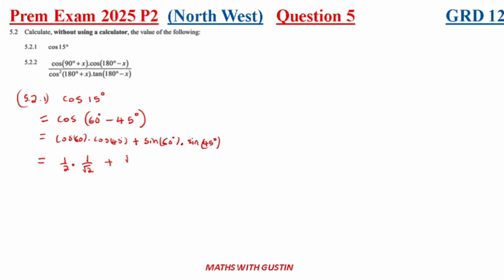And then sine 60, square root of 3 over 2, times sine 45, 1 over square root of 2. So therefore, we multiply this together in our calculator. It should give us an answer of 1 plus square root of 3, all over 2 square root of 2.